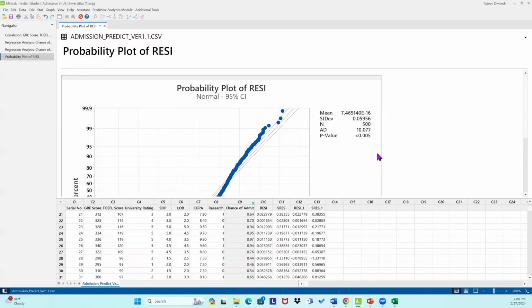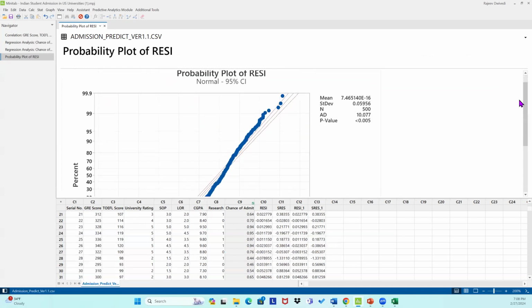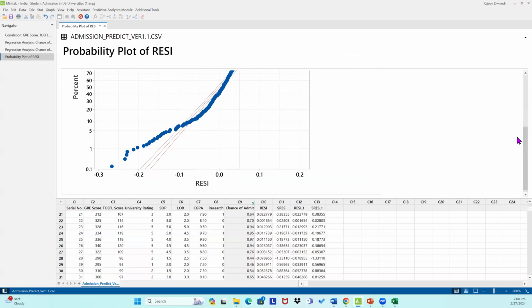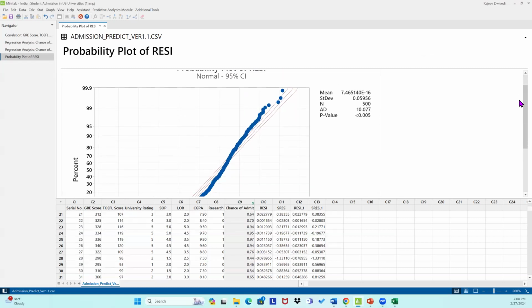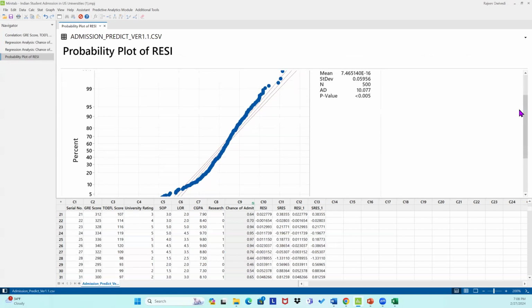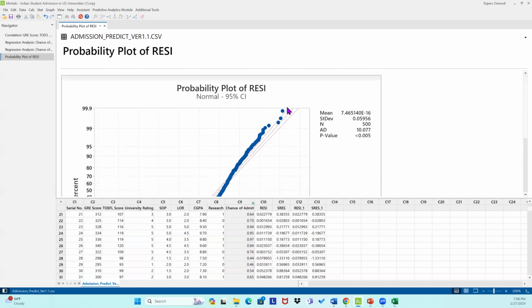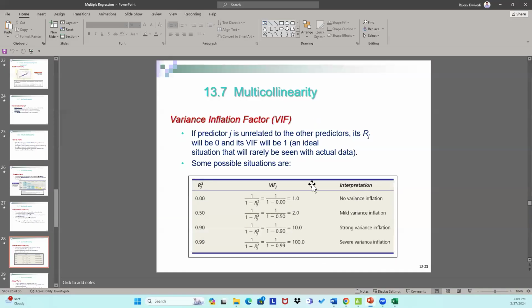And now you can see, this is the normal distribution at 95%. And now the p-value is less than 0.005. That means, so basically here you can see.